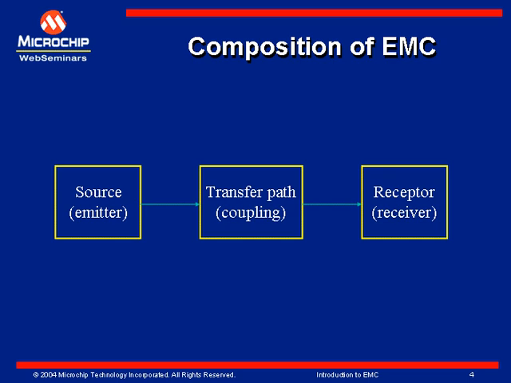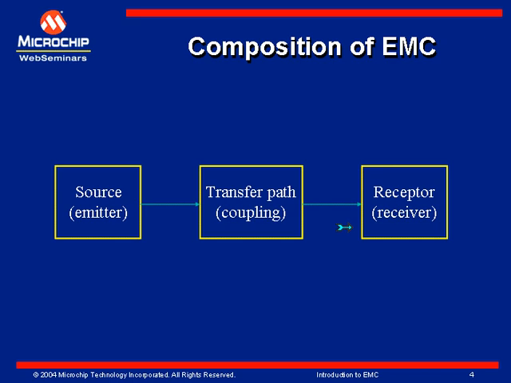And then there is a receptor or receiver system that's susceptible to those interferences. This is a typical composition of EMC. When we talk about various EMC subgroups, they either focus on the source, so you limit the total amount of interference signals you are generating, or they focus on the receiver, so you make your receiver immune to all the interferences.